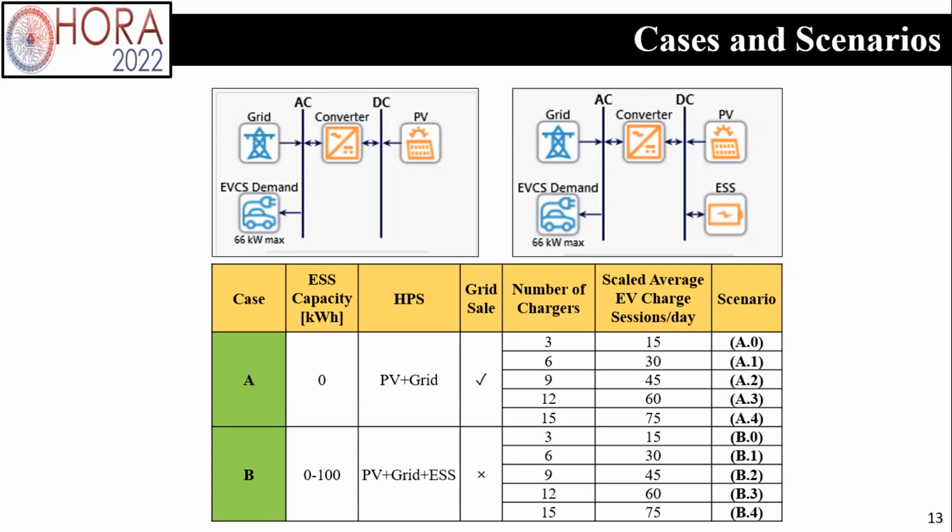In both cases, the technical, economic, and environmental advantages of HBS have been examined under increasing demand for EV charging. In addition, in line with zero carbon emission targets, ESS have tried to maximize the self-consumption rates of prosumers.